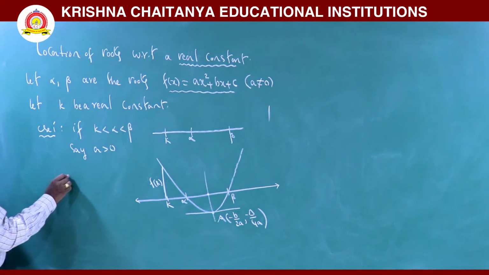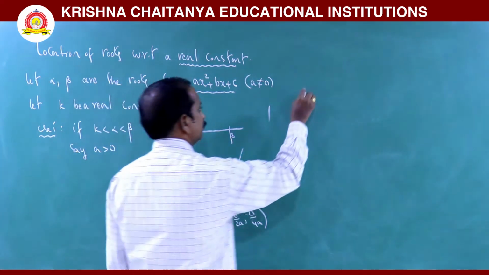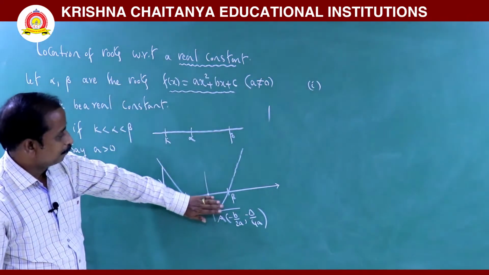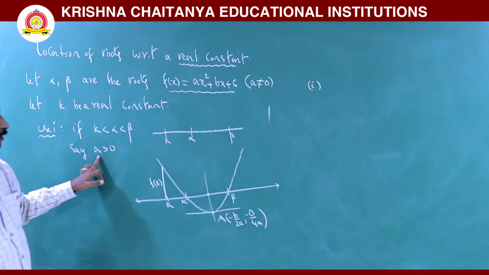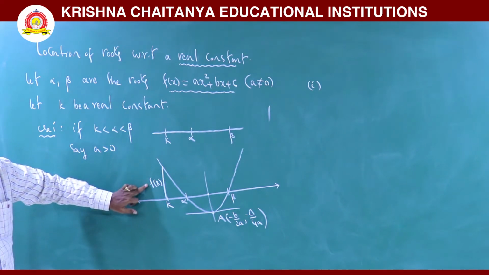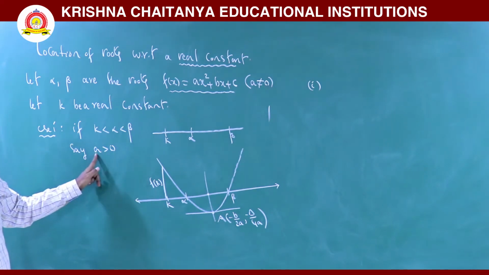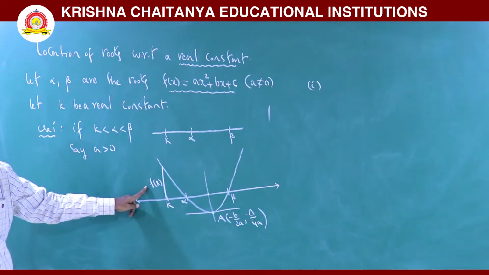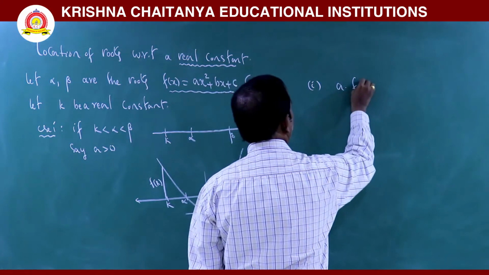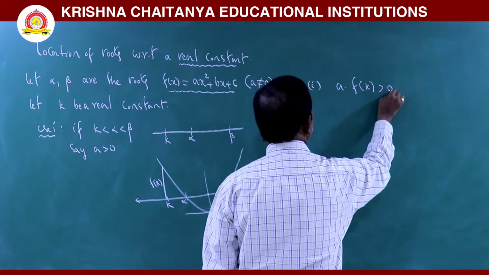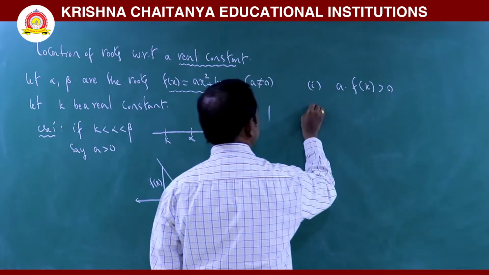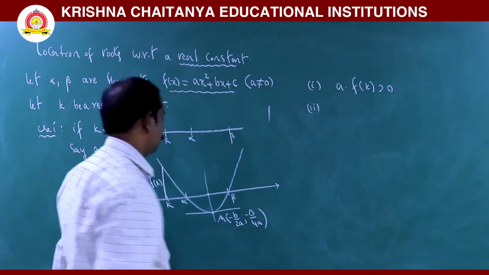Case 1: the curve opens upwards, so a greater than 0. At k the image value f of k is also positive, so I can write a into f of k is greater than 0, since positive into positive becomes positive.